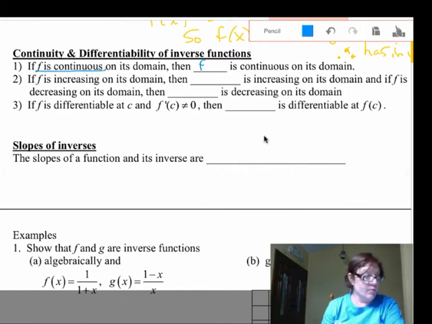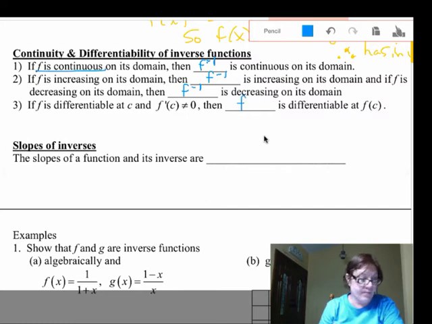So some rules about continuity and differentiability of inverses. If f is continuous, then the inverse is continuous. If f is increasing on its domain, then f inverse is increasing on its domain. If f is decreasing on its domain, guess what?